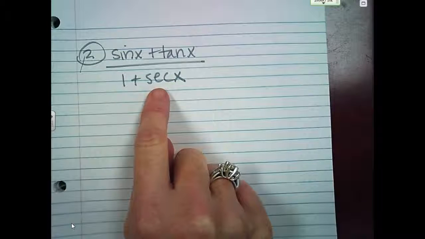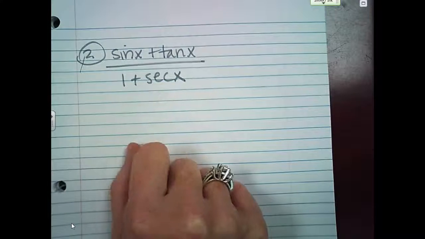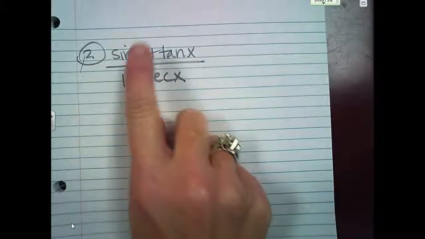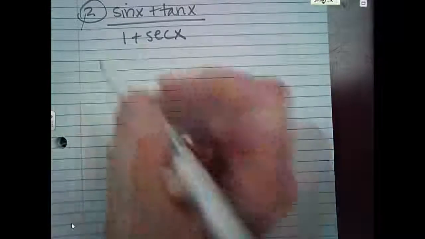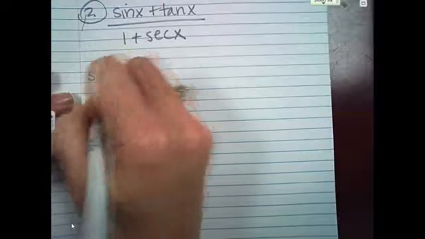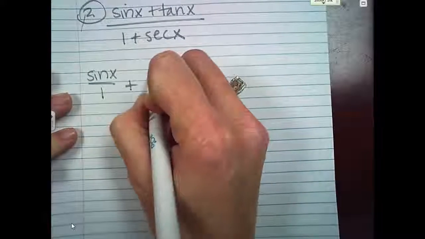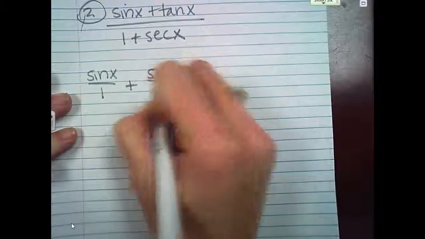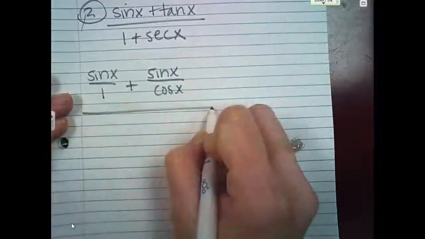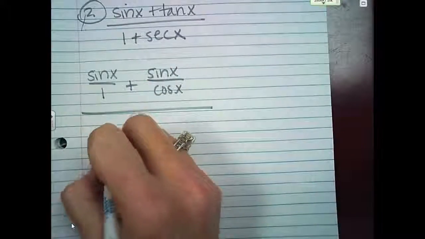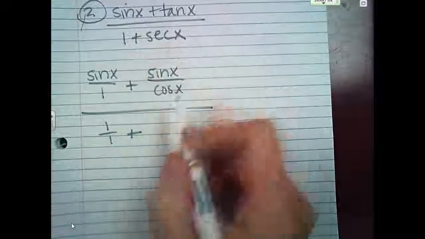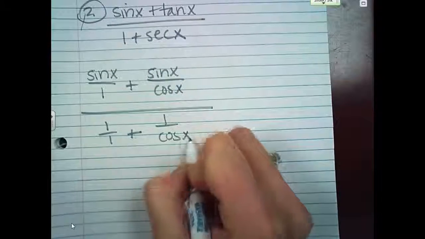Again, so you're just going to have to rewrite. So if I rewrite, I'm going to say sine of x over 1 plus tangent, which is y over x, so sine of x over cosine of x, all over, secant is 1 over cosine of x, so 1 plus 1 over cosine of x.